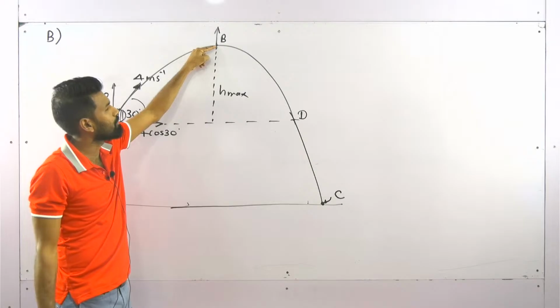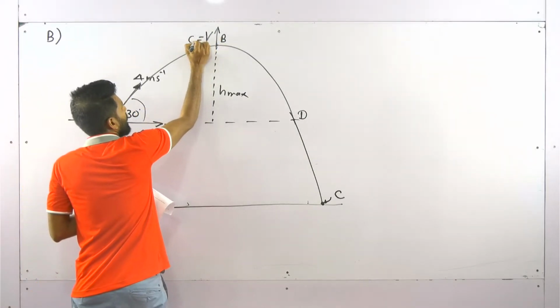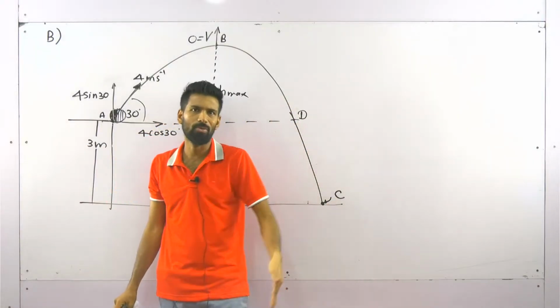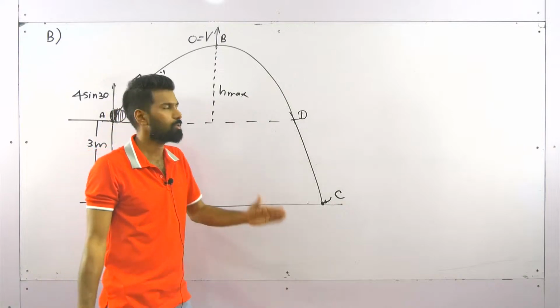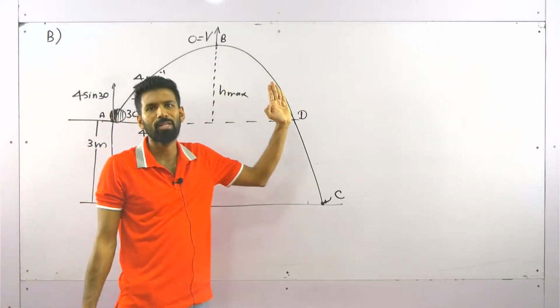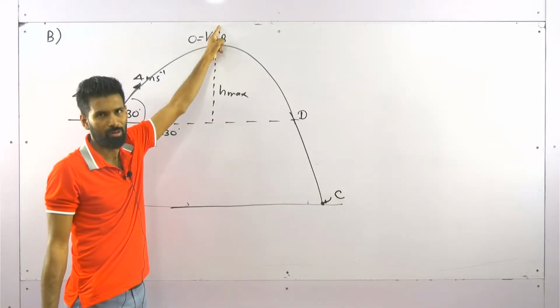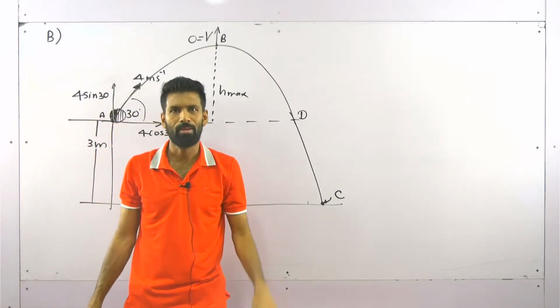This is the maximum point because it has no vertical velocity left. Why? The acceleration of gravity is downward. The gravitational force always attracts the object towards the ground. So the initial vertical velocity component will reduce little by little. So at the highest point, there is no vertical velocity component. Velocity is 0 in the vertical direction.